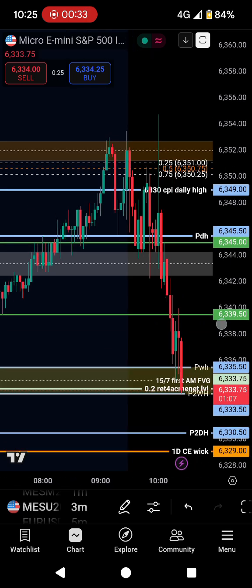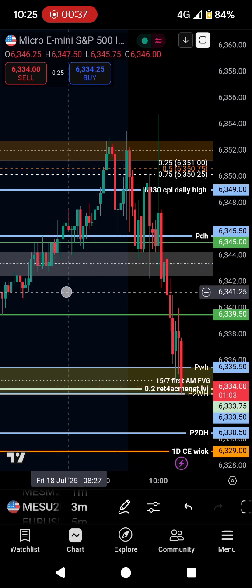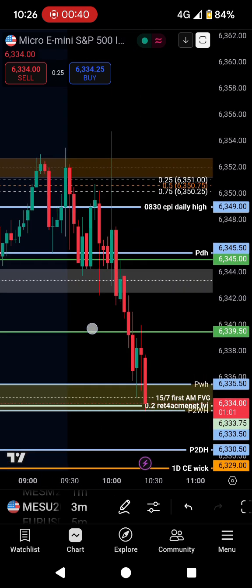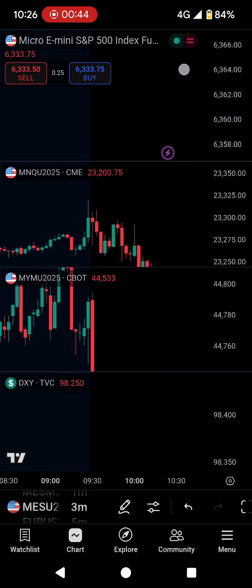This is the 10 o'clock news, because you can see during 9:30 the price was just very fickle, so we can expect movement at the 10 o'clock news. Plus, we can see SMT here.